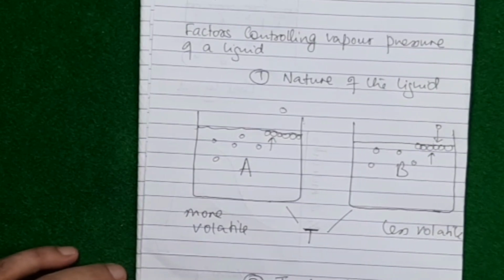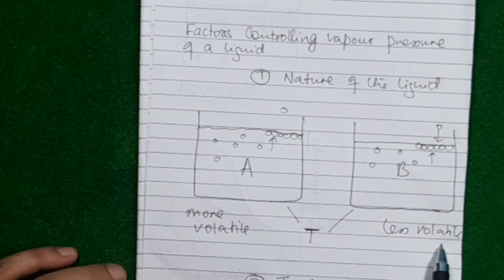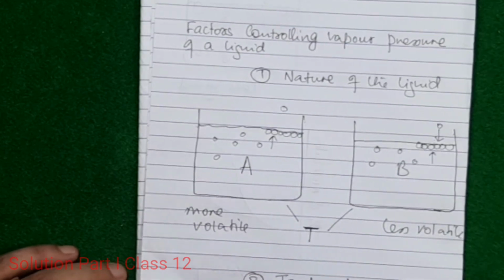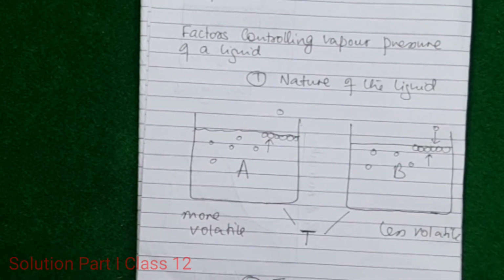So the evaporation is less here, that's why it's a less volatile liquid. So how much vapor a liquid forms, how volatile it is, also depends on how the molecules of the liquid interact, whether they attract strongly or less. For example, we know about a liquid which is very less volatile called glycerine. It's less volatile because of very strong intermolecular force of attraction between the glycerine molecules.